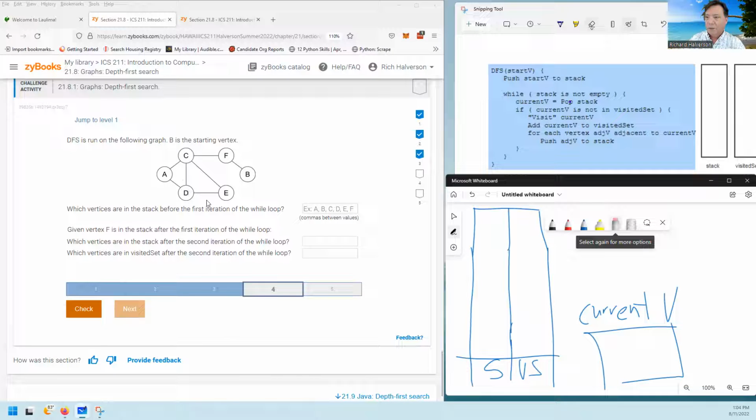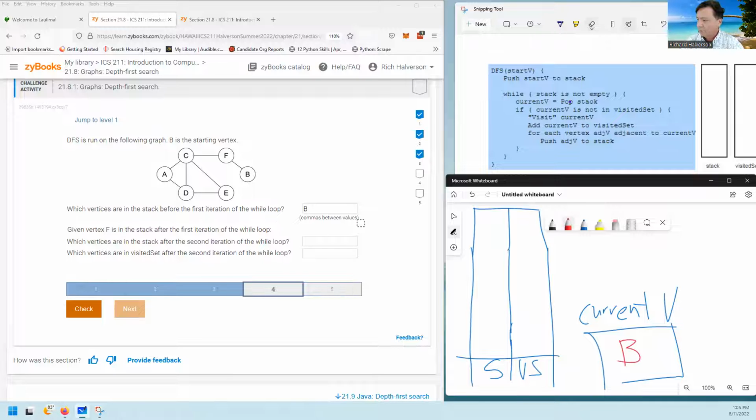DFS is starting with B. B is the start, and so this is going to be B. This was pushed on and then popped back off again.